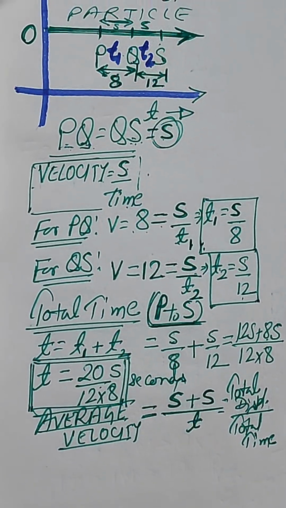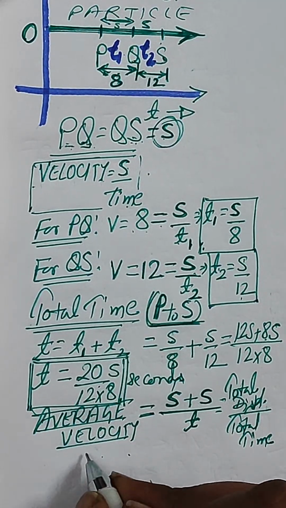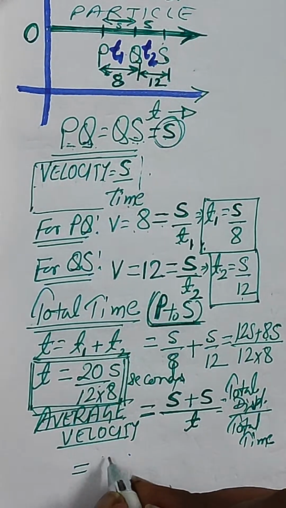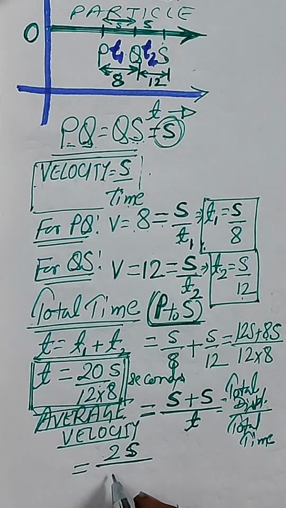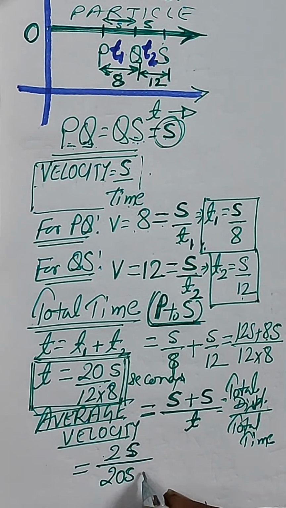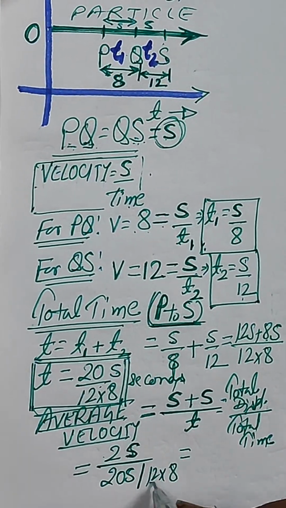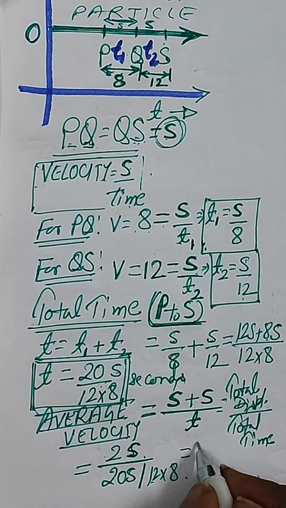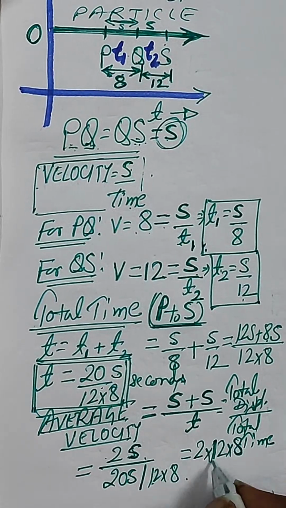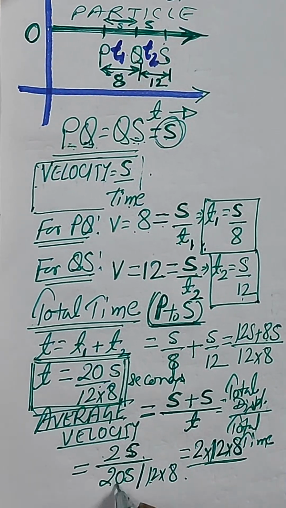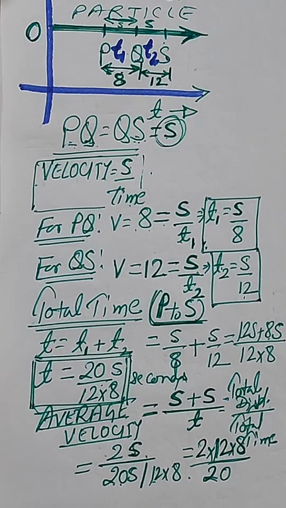So S plus S will be 2S. This will give you average velocity equal to 2S divided by total time. Total time is 20S divided by 12 into 8. So 12 into 8 will go into the numerator, and this will be 2 into 12 into 8 divided by 20.